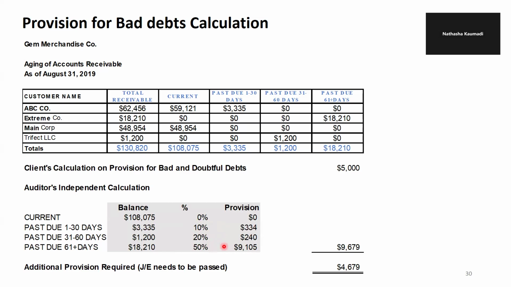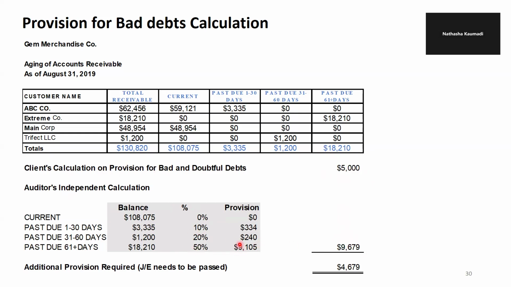This is a very simple calculation. The actual calculation is way more complex than this. But just to give you an idea, this is how you do the concept of calculating provision based on the aging analysis. So taking the total, 9,679, you can calculate it. This is our calculation. Now, what is the client's calculation? The client has calculated only $5,000, whereas the auditor calculates independently.